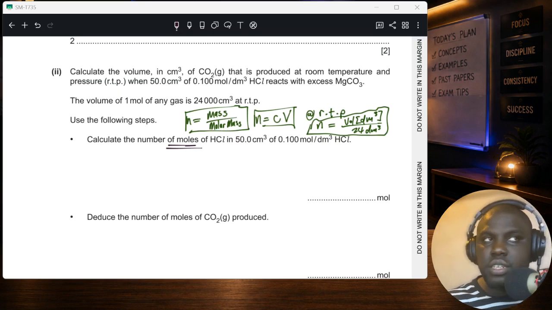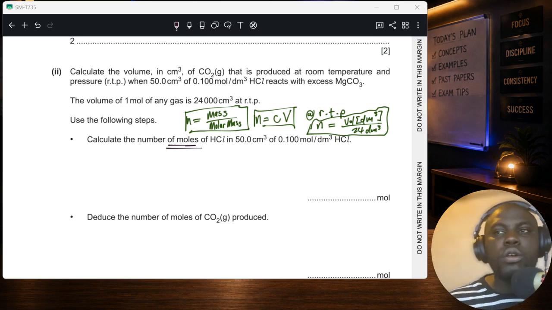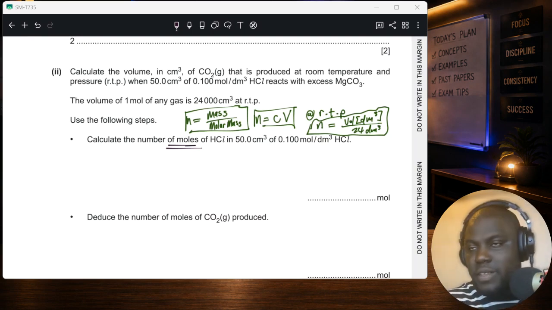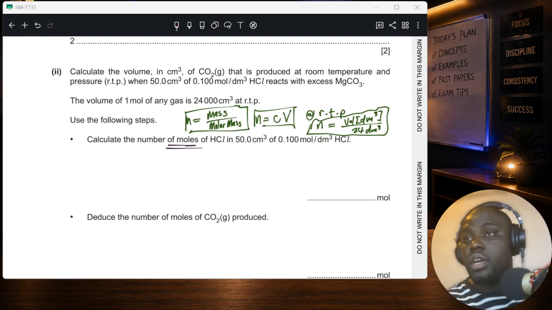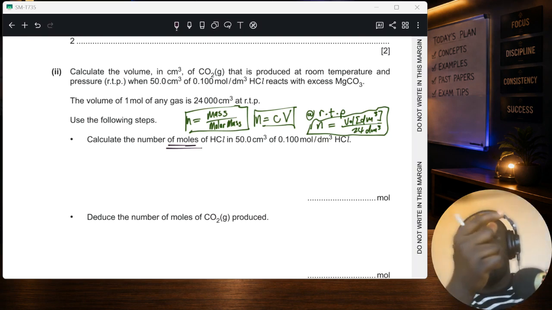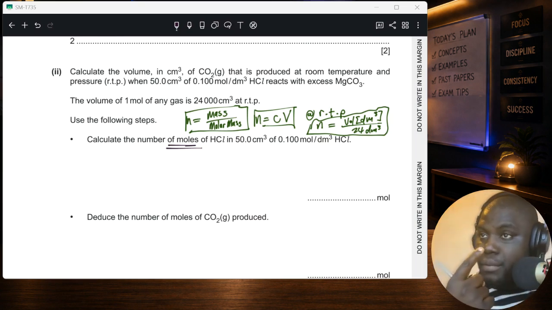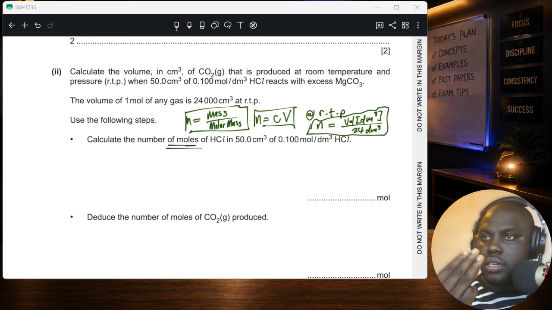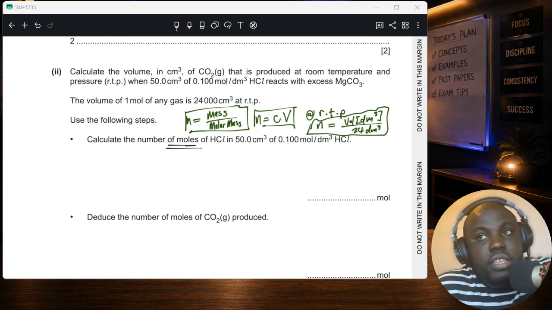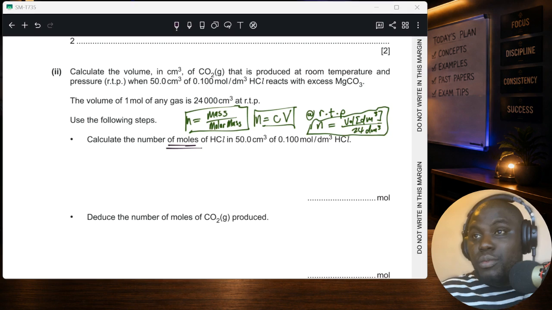They'll ask us for volume or concentration or mass or whatever, and you come back to the formulas. So we use the formulas in the first step and in the third calculation. Easy. I've given you the method and you're done.